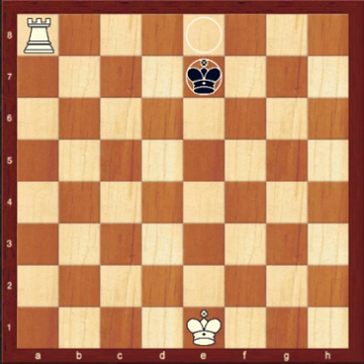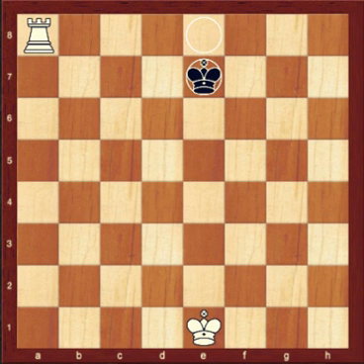Draw by threefold repetition is part of tournament chess, and if you don't want to fall into it, you have to make sure that you don't create the same position 3 times on the board. One additional point about threefold repetition is that it doesn't have to be 3 times in a row. If the same position exists at any point during the game for the 3rd time, that too would be threefold repetition.